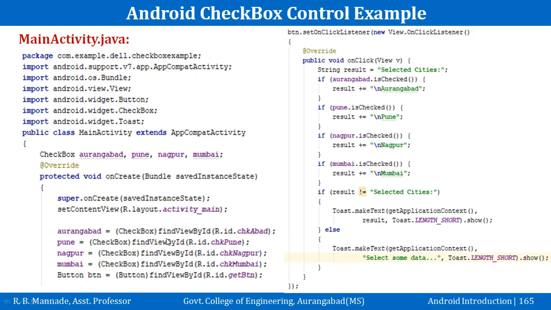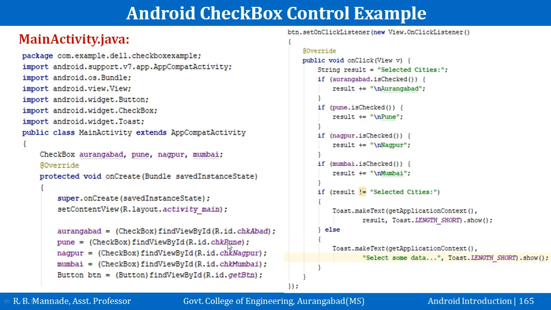So Aurangabad is equal to findViewById, and we are passing here R.id.chkabad. Okay, whatever definition we have implemented for the checkbox whose ID is chkabad will be mapped to this particular Aurangabad, which is of type CheckBox.